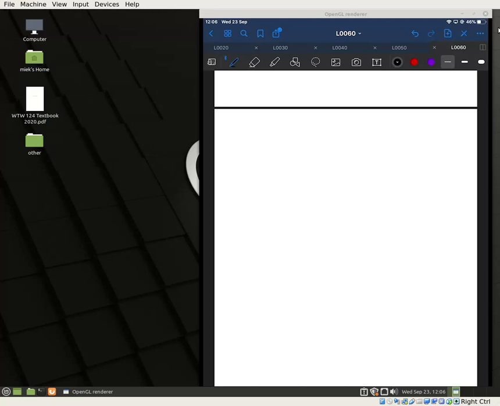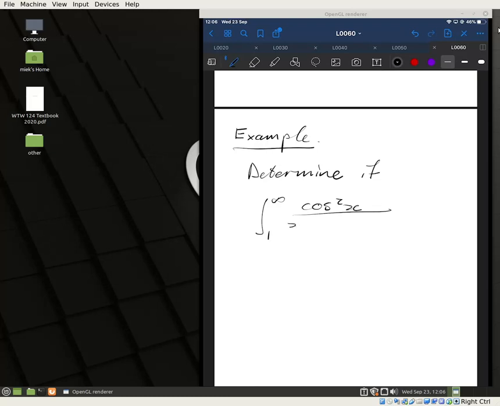Okay, let us take a look at an example. Determine if the integral from 1 to infinity of cosine squared x over x squared plus 2x plus 2 dx converges or diverges.